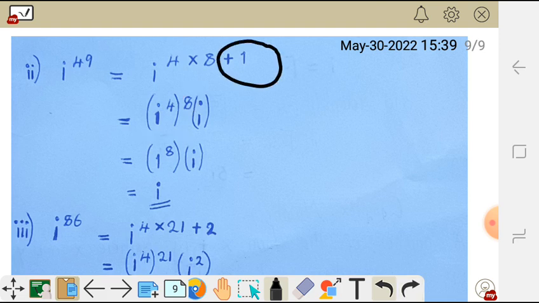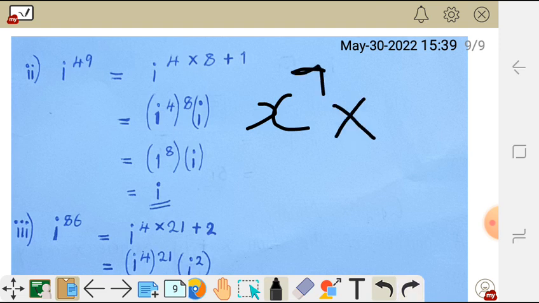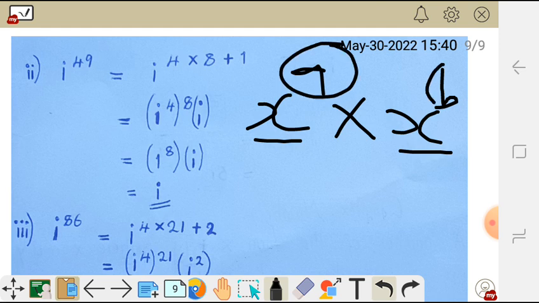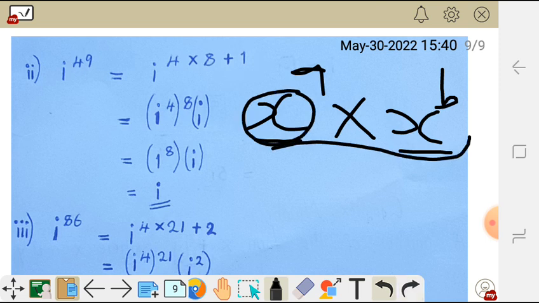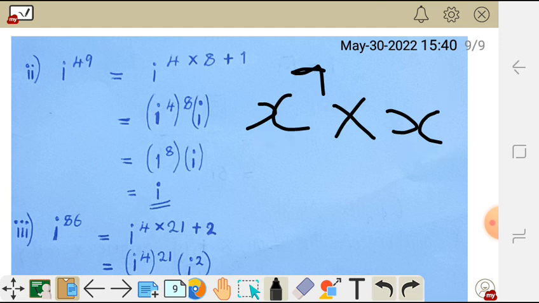Where there is plus, we know that if we have x to the power a multiplied by x to the power b, where the bases are the same, to simplify this we simply add the powers. So that plus 1 here will be just i to the power 1.